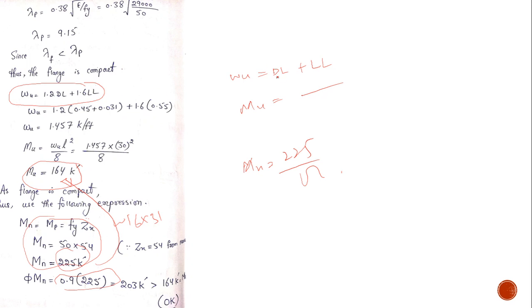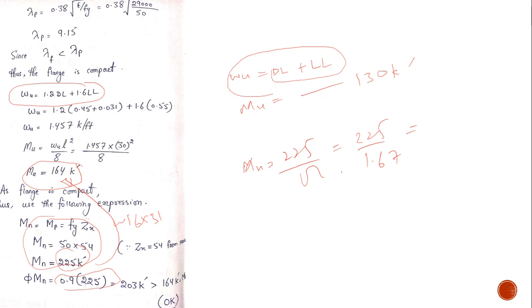If I am not using the factored load, then some value would be here, and it would be much lesser than 164. For example, it is 130 kip-foot. This would remain the same, 225 divided by 1.67, and you can compute it.